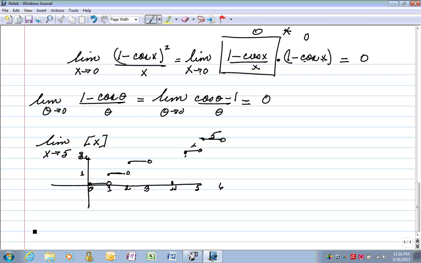So the limit of the greatest integer of x as x approaches 5 from the left side would be 4, but the limit as x approaches 5 from the right side would be 5.